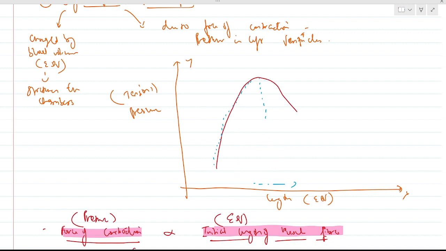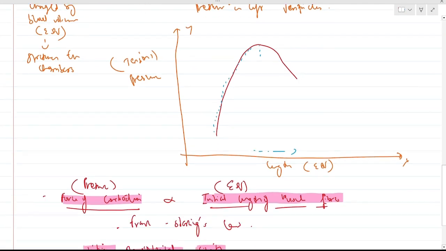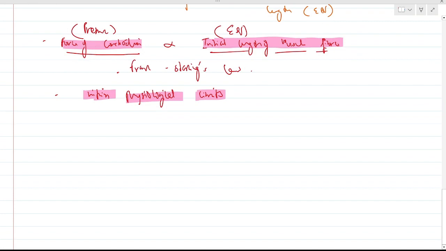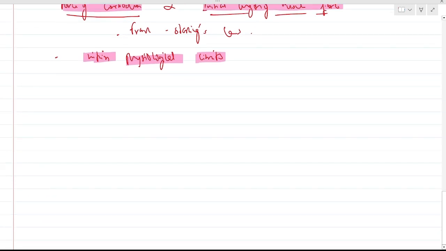This is our Frank-Starling's law, which acts within physiological limits. So this is the first unique feature of the length tension relationship, which gave us our Frank-Starling's law.